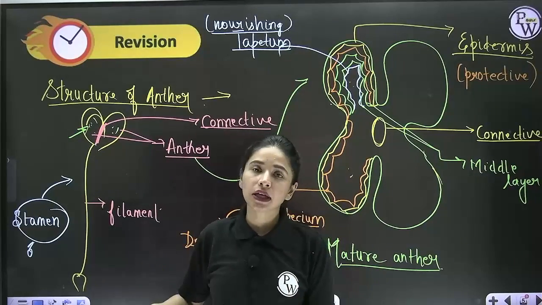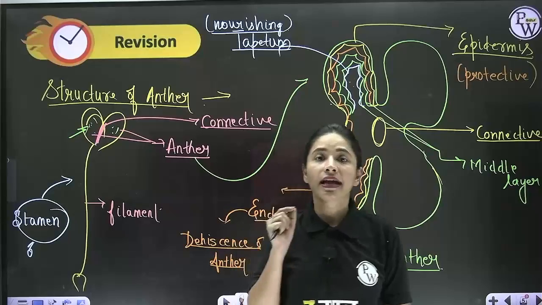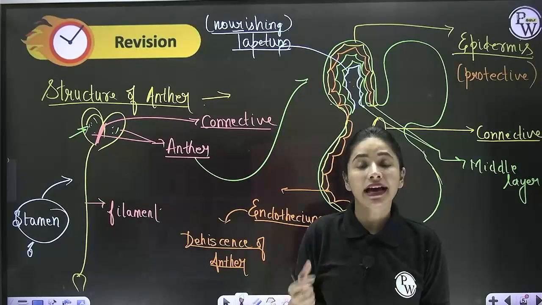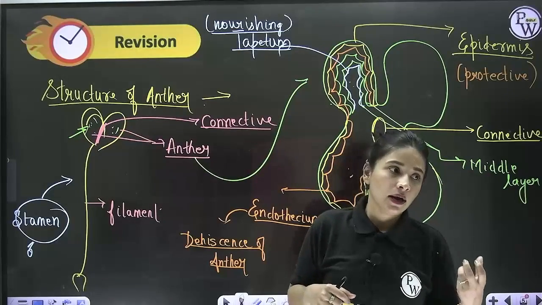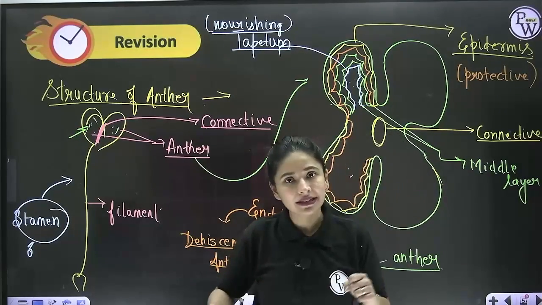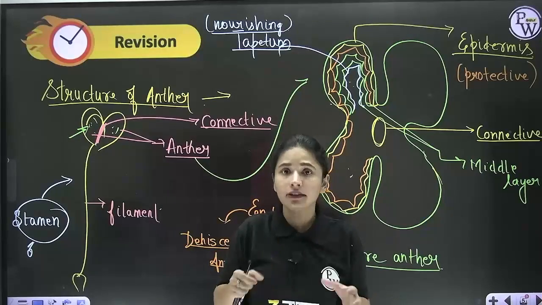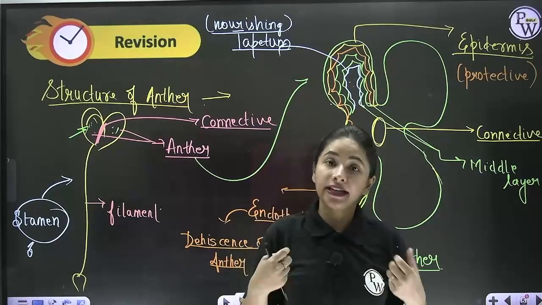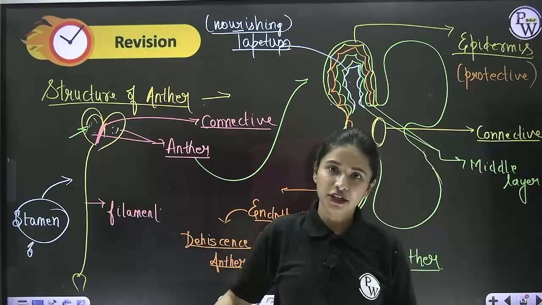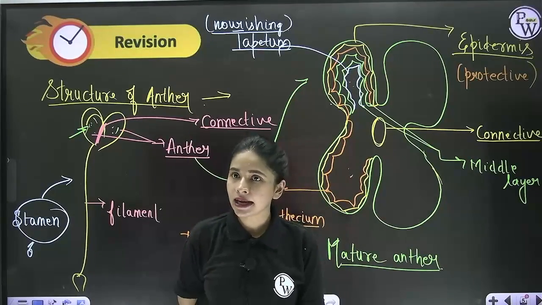And then comes the innermost layer, which is known as the tapetum. The tapetum is the nourishing layer. It secretes certain nutritive substances like proteins, amino acids and some trypsin, etc., so that the developing pollen grains can get nourishment and develop soon so that pollination can take place. Correct? Right?